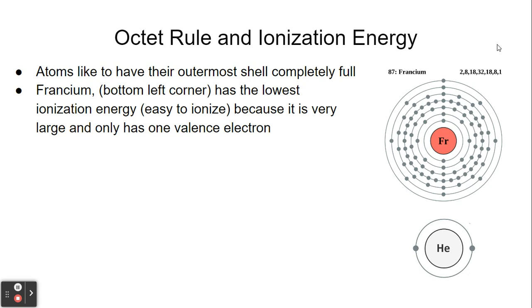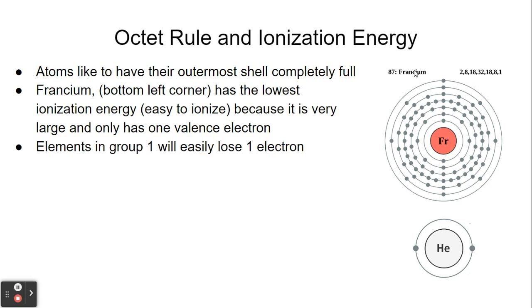Because there's only one valence electron, it wants to lose that one valence electron, because the next ring down, you can see, has 8 valence electrons. So there's that complete octet at the next energy level down. It's going to be really easy to remove this one valence electron so that francium is very stable.